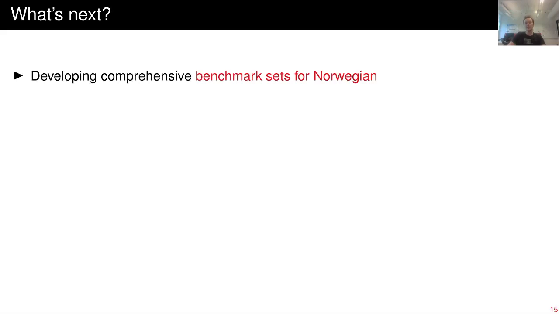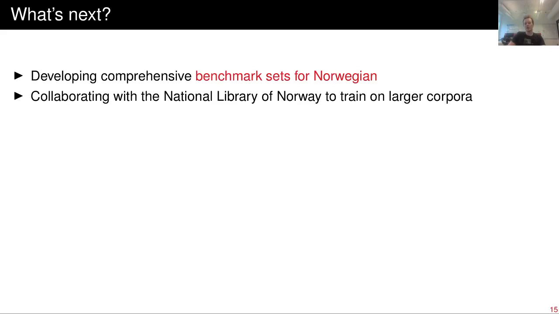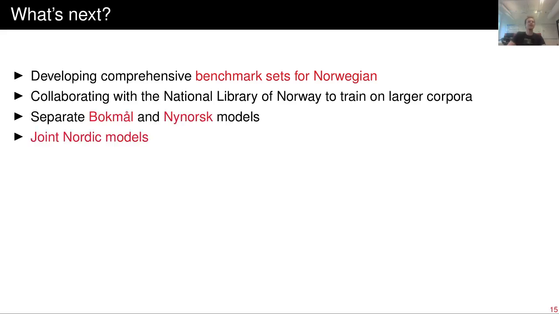Okay, so what's next? We are aiming in the future to develop comprehensive benchmark sets for Norwegian. We're also planning to collaborate with the National Library of Norway to train more models on larger corpora, so to work together on that. We would like to train separate models for Bokmål and Nynorsk and evaluate them on different subsets of the available corpora.